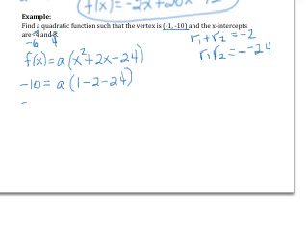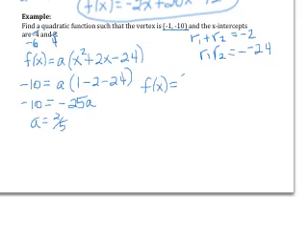And this is negative 10 equals negative 25a. And when we divide by negative 25 and simplify this equation, we end up with a is equal to 2/5. Okay, now let's substitute this back in. f of x is equal to 2/5 times x squared plus 2x minus 24.